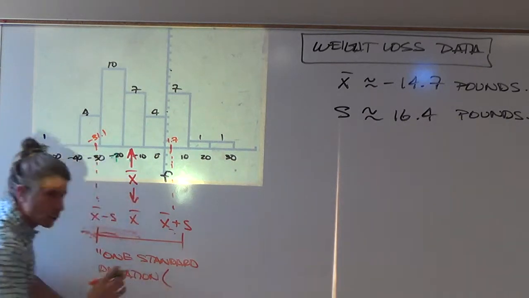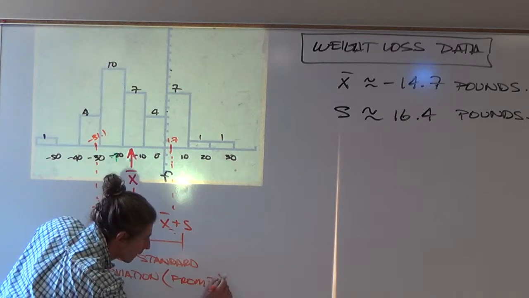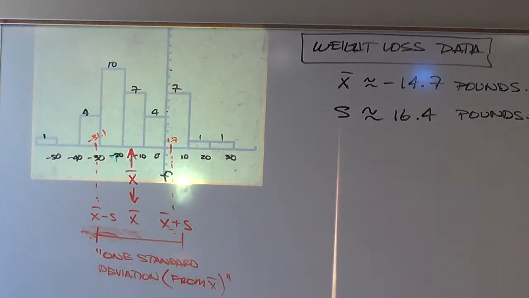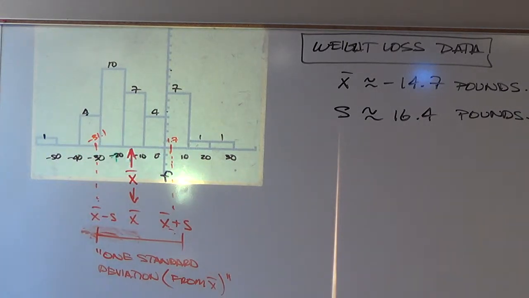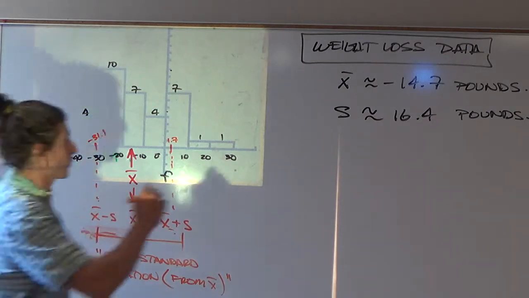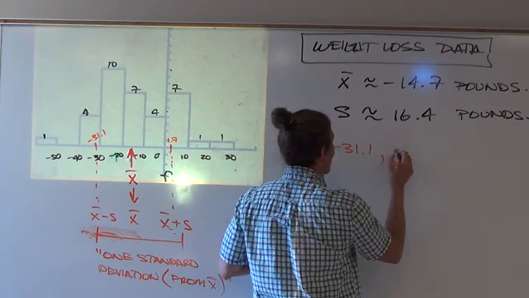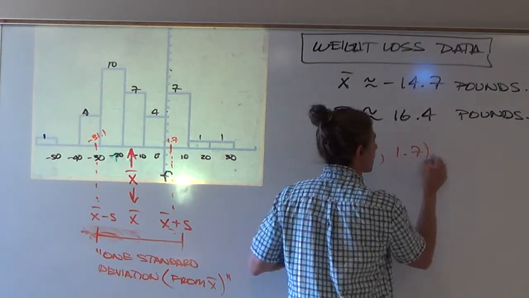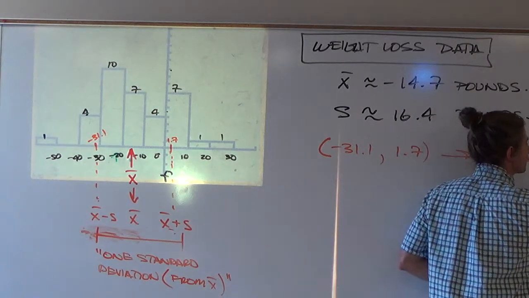Very often, if you're being very exact, you'll put from average, from x bar. That's what that distance is called. So negative 31.1 to positive 1.7 would be termed one standard deviation from average. Negative 31.1 pounds to positive 1.7 pounds is one standard deviation.